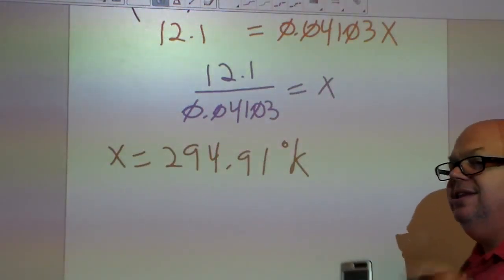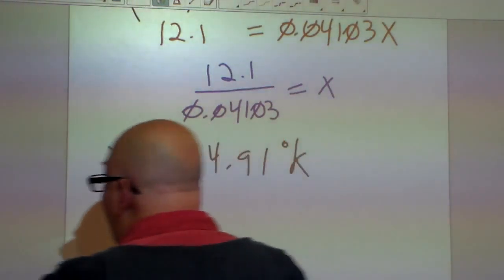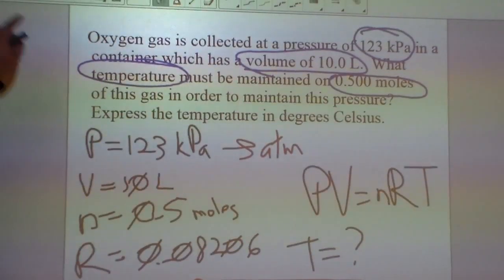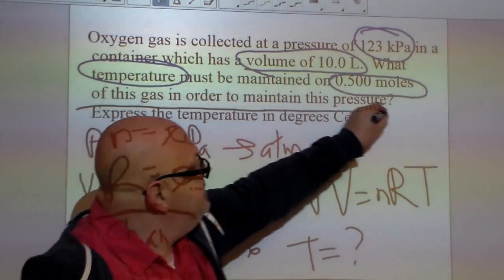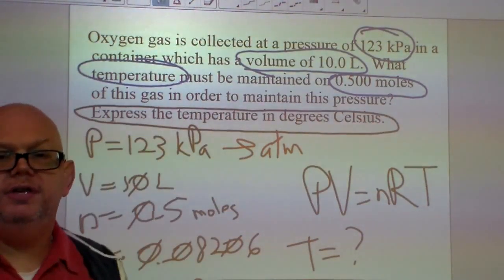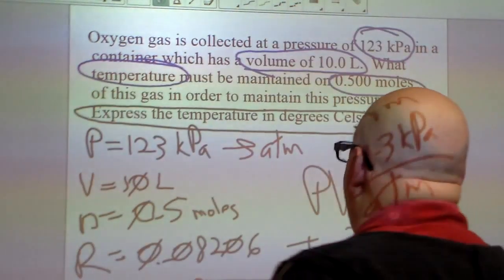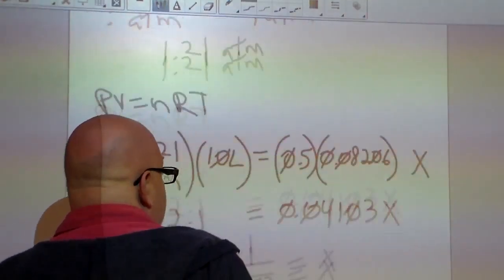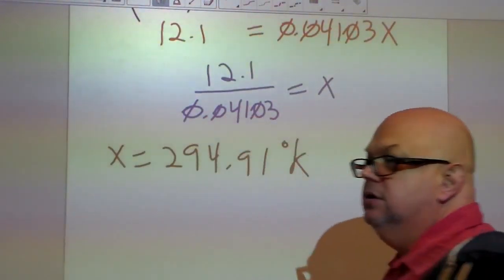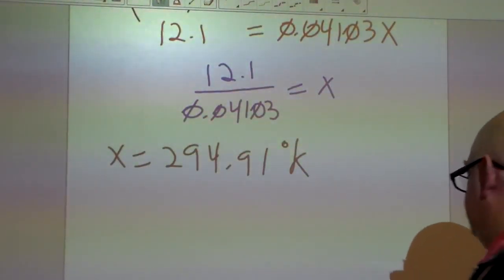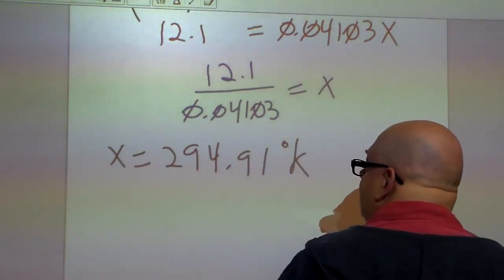So that's our answer in Kelvin, but if we go back to our problem up here, it says express the temperature in degrees Celsius. So, last step. How do we change it from Kelvin to Celsius? Okay, let's look at it.